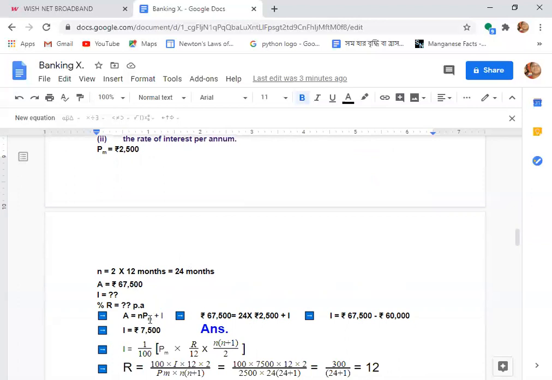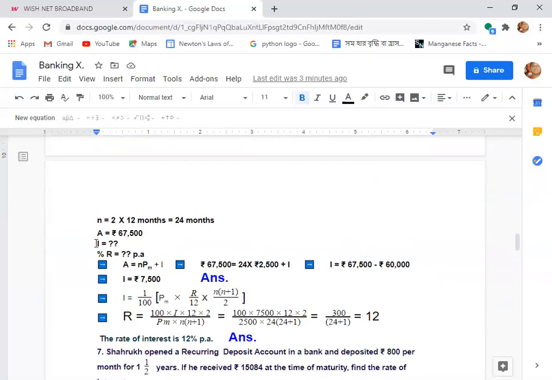From that we are trying to find out the interest he earned. We know the amount will be the number of installments into the installment value plus the interest. Putting in the values, we get the interest. The total interest earned will be 7,500. This is the first answer. Doing it in a similar way to the previous sum, we get the rate as 12% per annum.